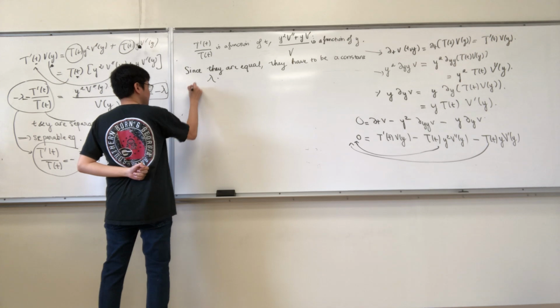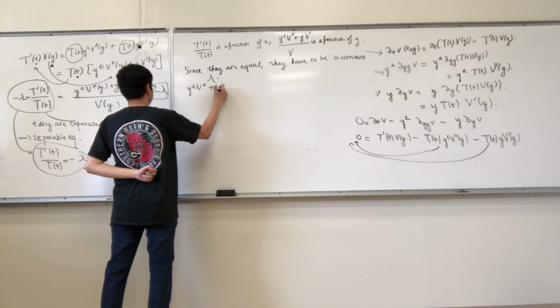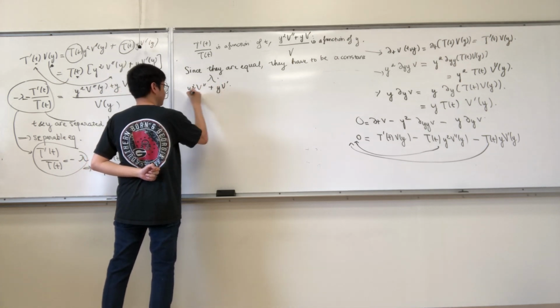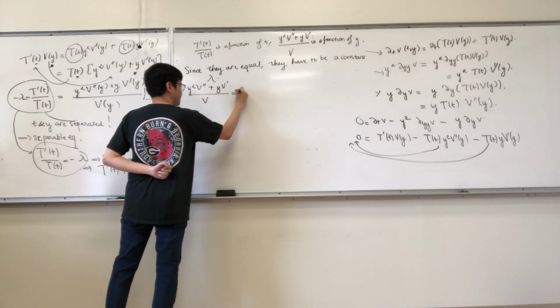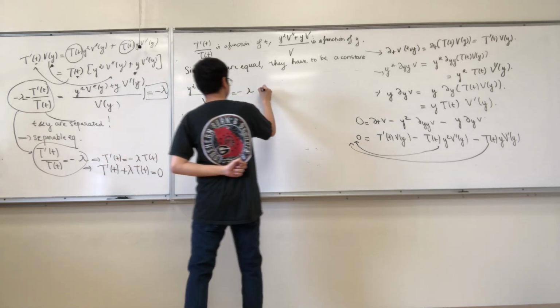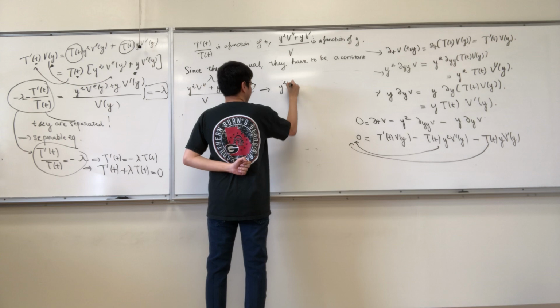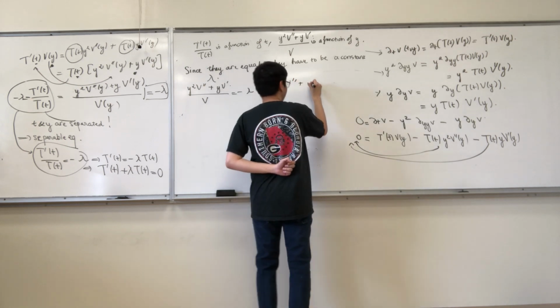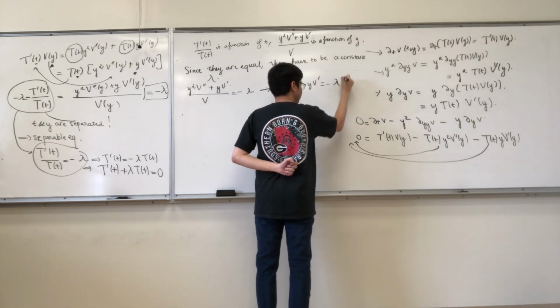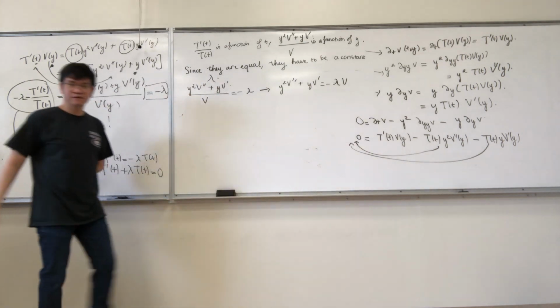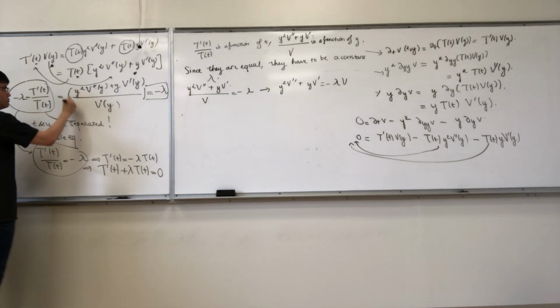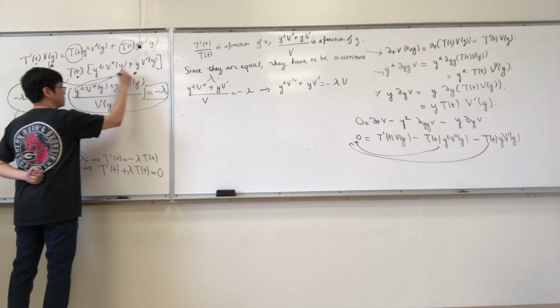So you have y squared v second plus y v prime over v is minus lambda. All right, so you solve the second equation on y.